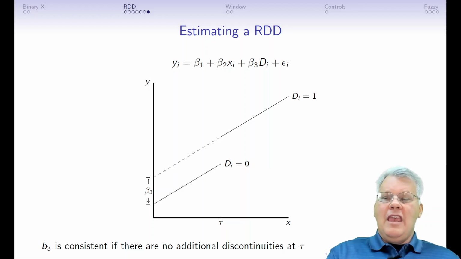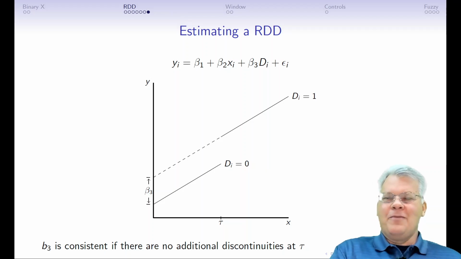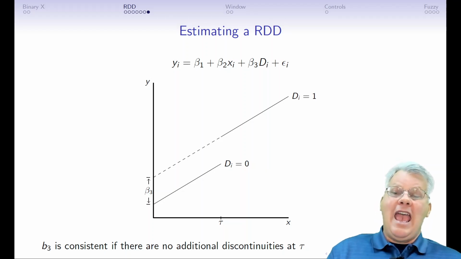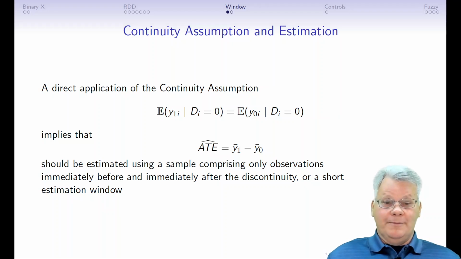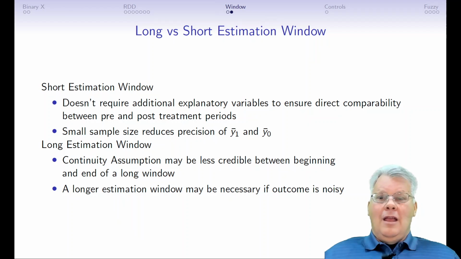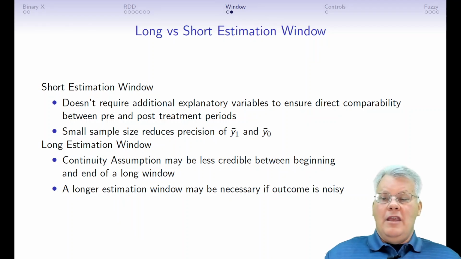So thinking about our Air Force Academy drinking experiment, what this says is ideally we would like to compare people who turn 21 within a couple days of final exams versus those who turn 21 within a couple days after final exams. This would be the ideal situation. This would be what in the causal inference literature is called a short estimation window.